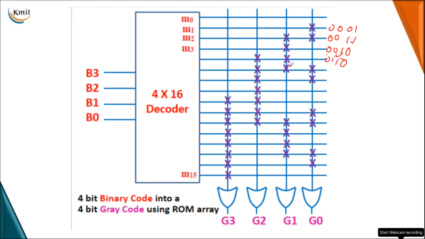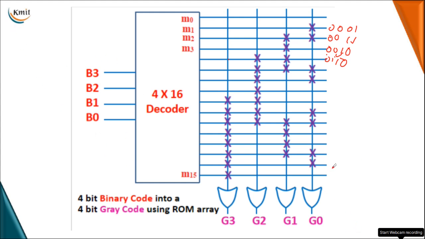And now here M4 is 1 on G1, and G0 is 0. So like this, we have to cross the vertical line intersection points wherever the 1 is loaded. If the 0 is loaded, then no symbol is indicated on the programmable inputs of your OR gates, which can convert your given binary into the equivalent gray code.